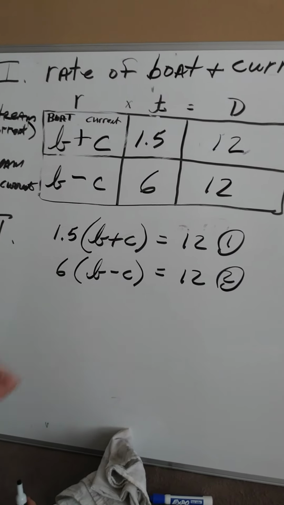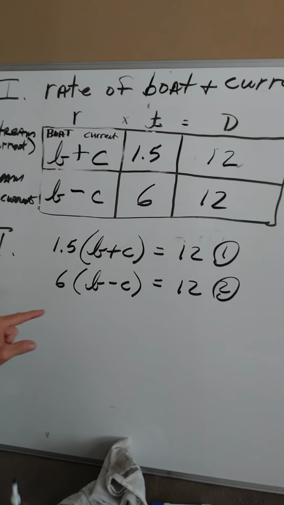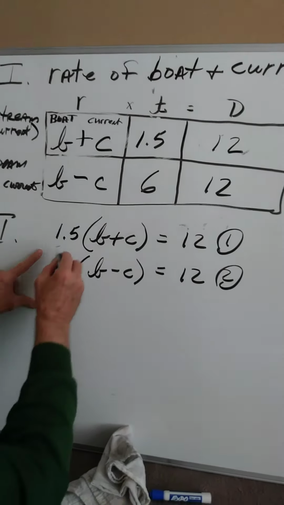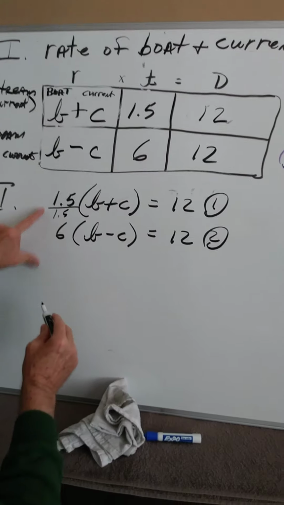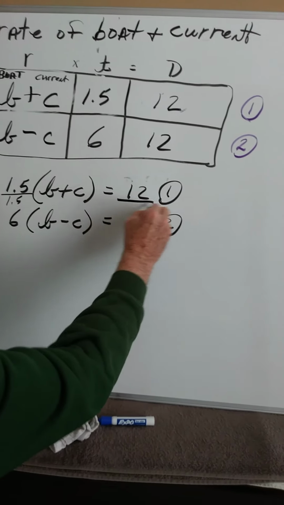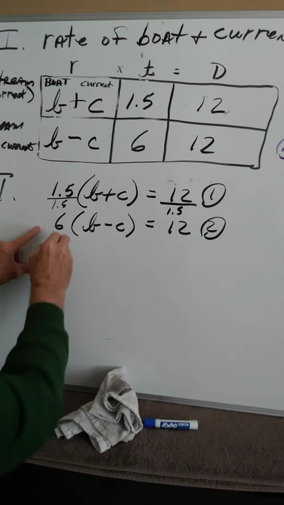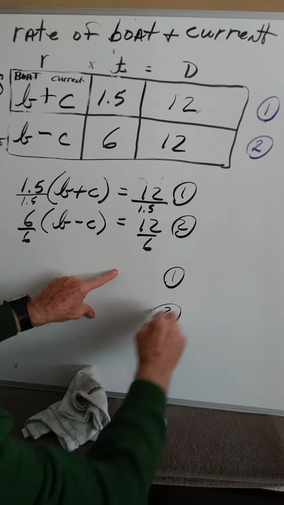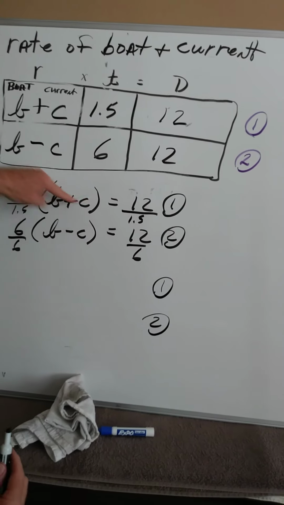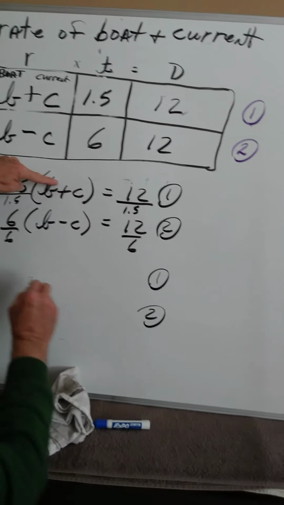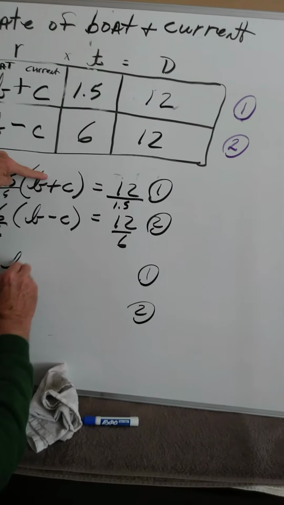We are not going to distribute. We're going to divide. We're going to divide number 1, both sides, by that distributor of 1.5. I'm not even going to move it here. We'll just divide it because you've got your calculator. This one, we're going to divide both sides by 6. I'll just put another number 1 right here and a number 2. The top one, they go. We have B plus C.